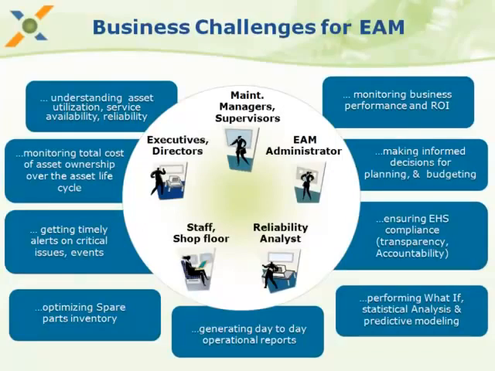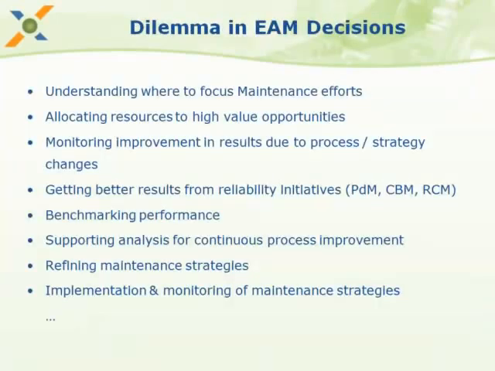There are some other aspects, and I'm in no way touching all the business challenges, but a broad area. Most of the EAM decision makers have a dilemma with understanding where to focus maintenance efforts, and allocating resources to high value opportunities.